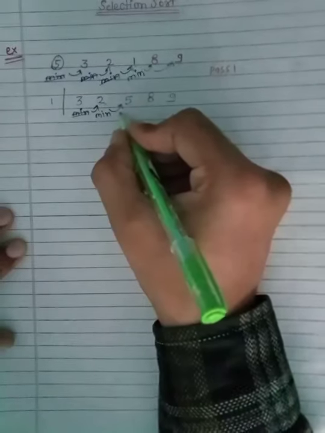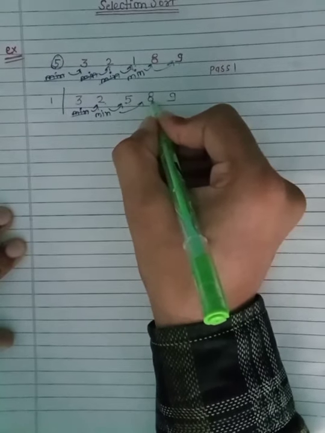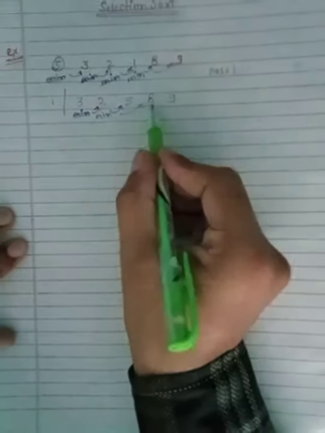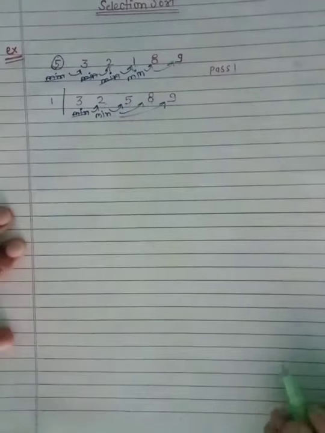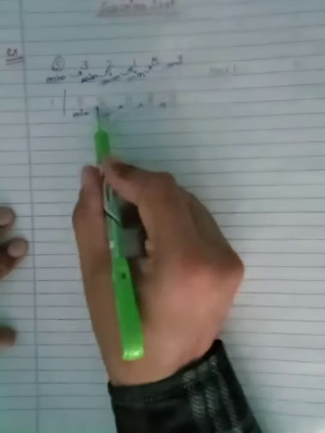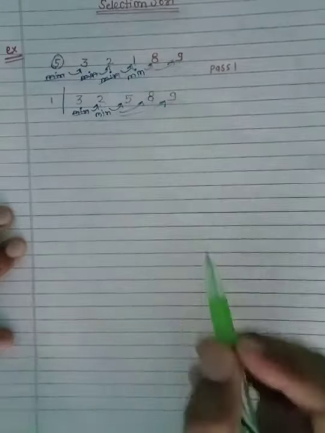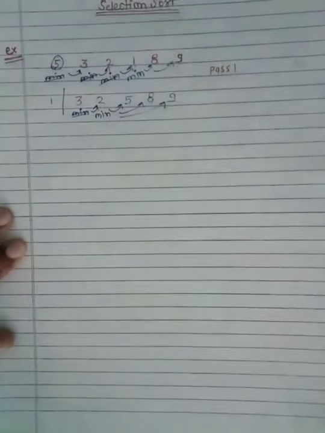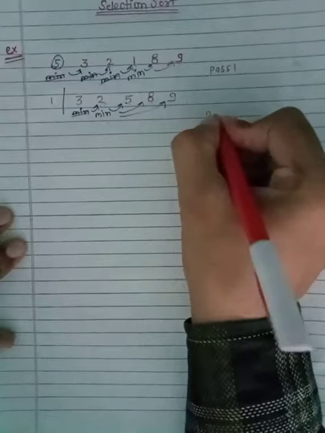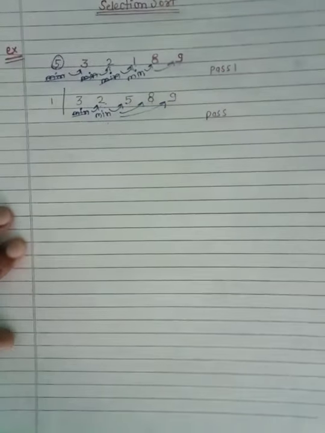And now let's compare minimum with 8. 8 is not less than 2, so the values will not be swapped. And now minimum will be compared with 9. 9 is also not less than 2. So in this linear search of pass second, we get the minimum value 2.